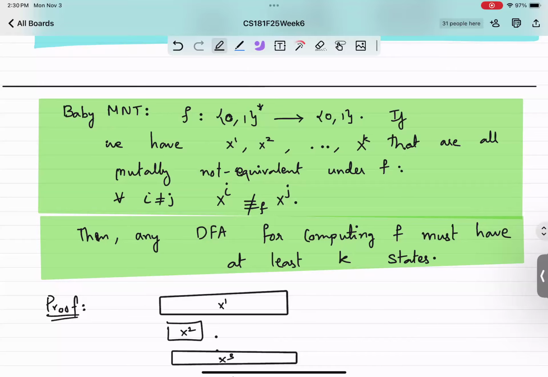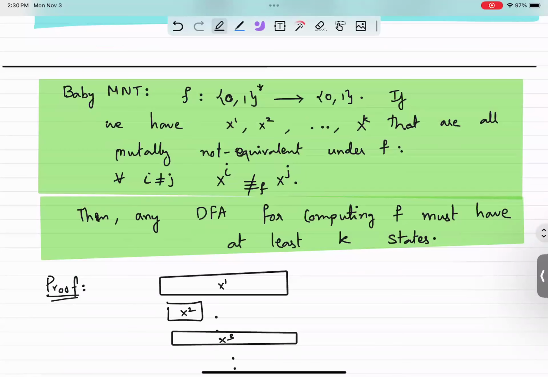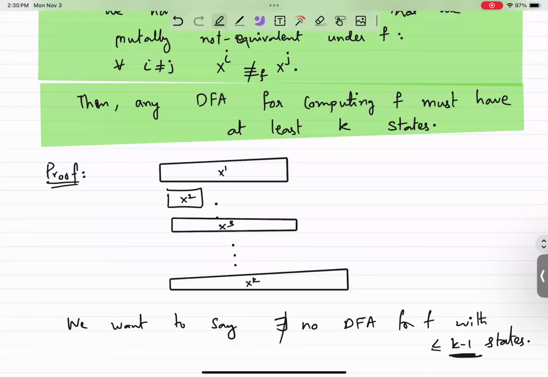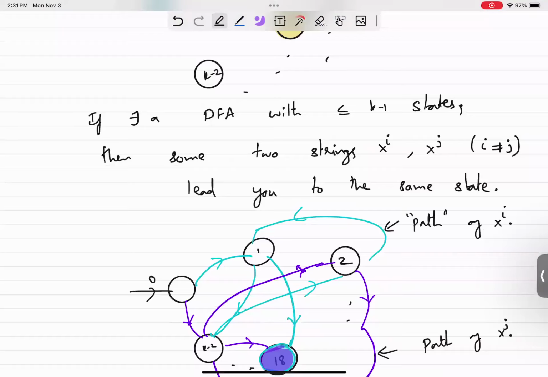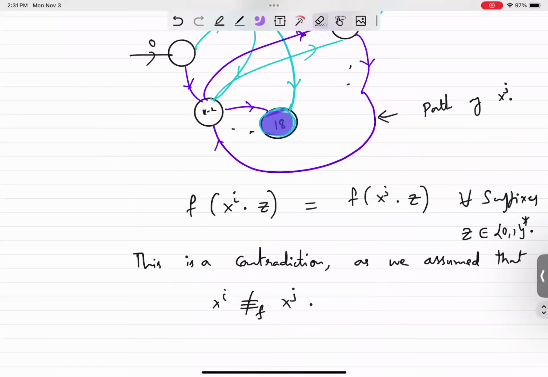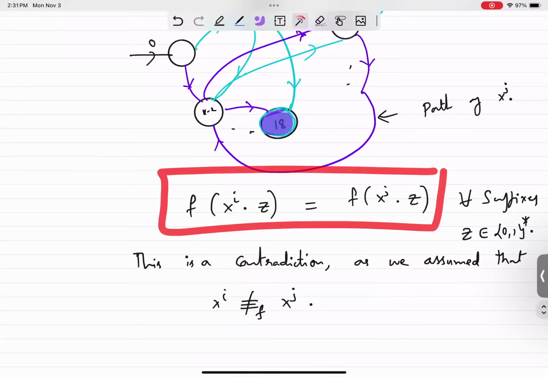Yeah. Sorry, say it again. Right. So we were assuming that this is not true, that there is a DFA which computes f with less than or equal to k minus 1 states, right? And then we concluded that xi and xj have the same exact behavior from the suffix on, right?